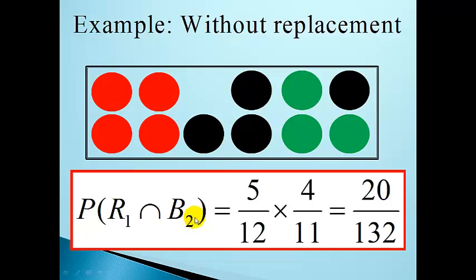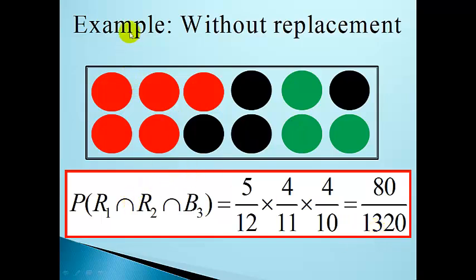And the number of black balls is 4. So it's 4 over 11. Why is it 11 but not 12? Because the first one, the red ball that was taken out, was not put back. And so this is equal to 5 times 4 is 20, and 12 times 11 is 132. So probability of R1 intersection B2 is equal to 20 divided by 132.